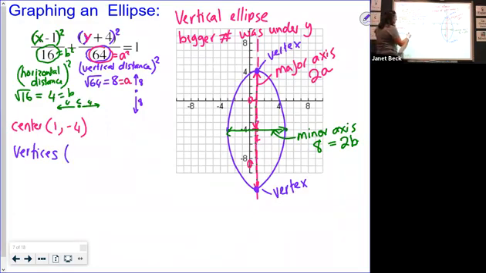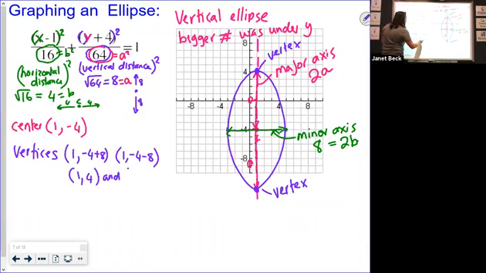So we didn't change the x coordinate, but we got that -4 and we added 8, and we got that -4 and went down by 8. So these were at 1, -4 plus 8 is 4. And there's a second vertex at 1, -4 minus 8, -12.